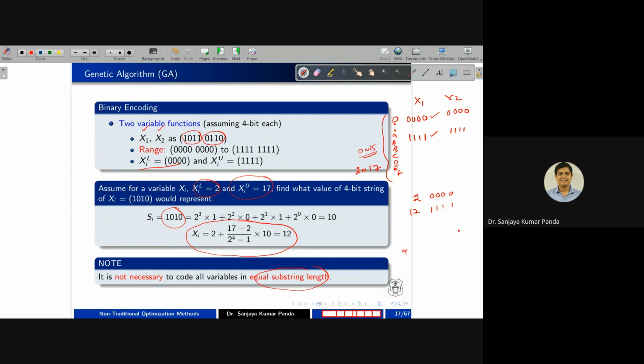For example, if 2 is repeatedly retrieved, you can represent it with 0. Whereas 17, which you are not calling repeatedly, you can give a longer 4-bit number. So numbers which are frequently called you can represent in fewer digits, maybe 1-bit, 2-bit or 3-bit, and numbers which are not frequently called you can represent in a 4-bit number. In that way you can represent different types of numbers.